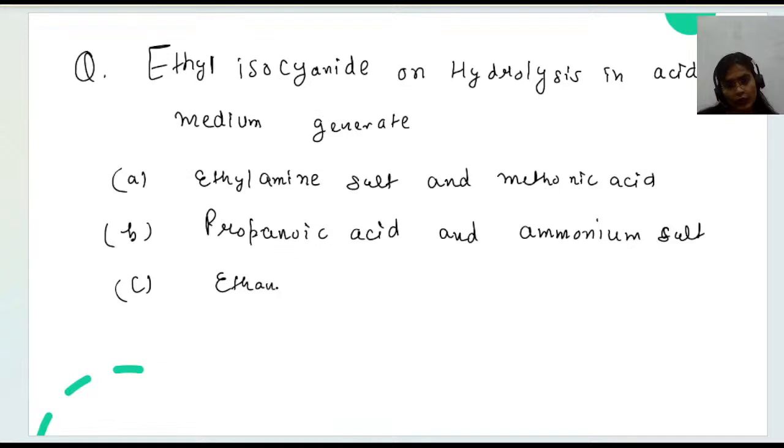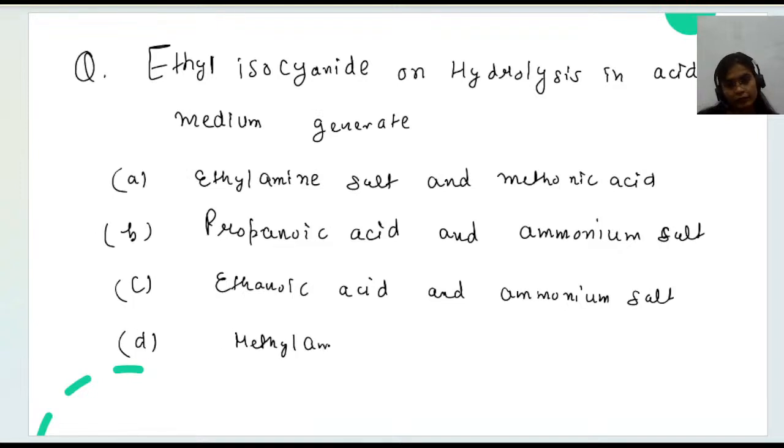Option C is ethanoic acid and ammonium salt. And option D is methylamine and ethanoic acid.